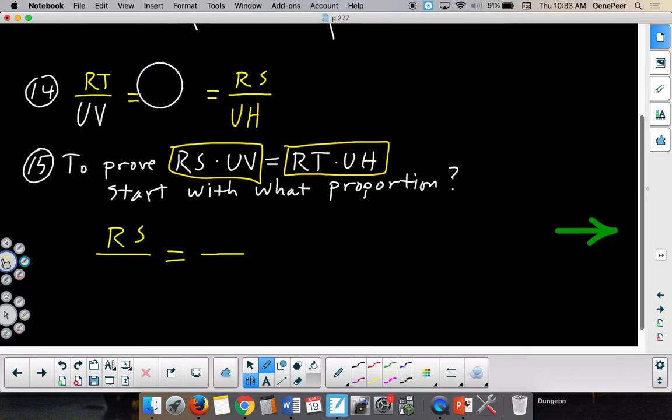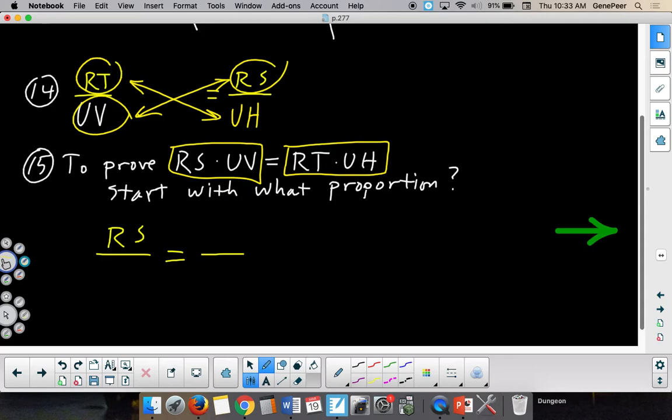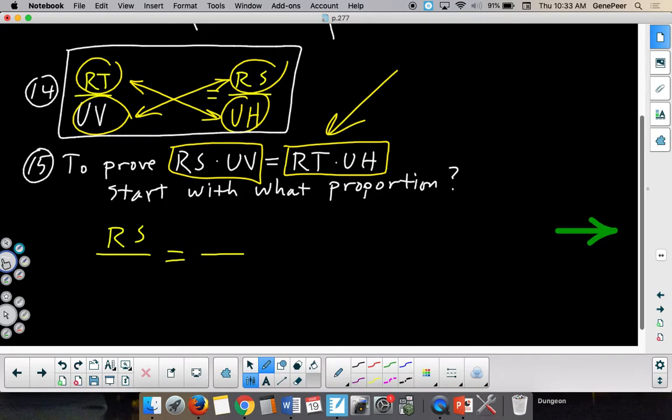If we start with that proportion, RT over UV equals RS over UH, then we could simply cross-multiply, and that would give us RS times UV equals RT times UH, exactly what we're looking for. So what proportion would we start with? We would start with this proportion right there.